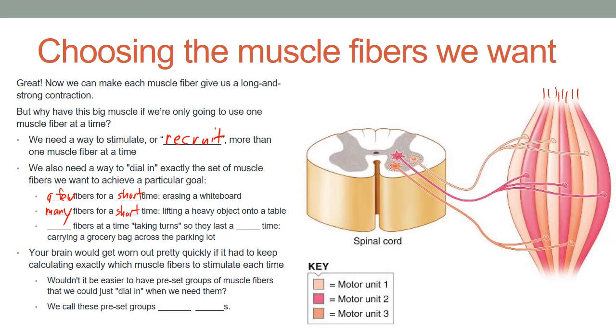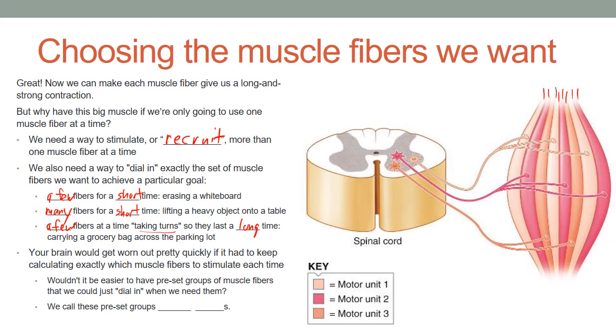But then there are other cases where we're carrying something, it may not be terribly heavy, but we have to carry it for a long time. So we might need a few fibers at a time, but we need them to take turns so that they last a long time. An example of that would be carrying a kind of medium heavy grocery bag across the parking lot.